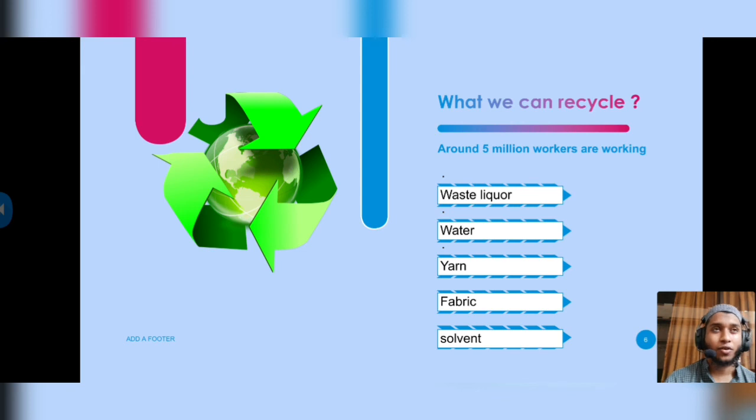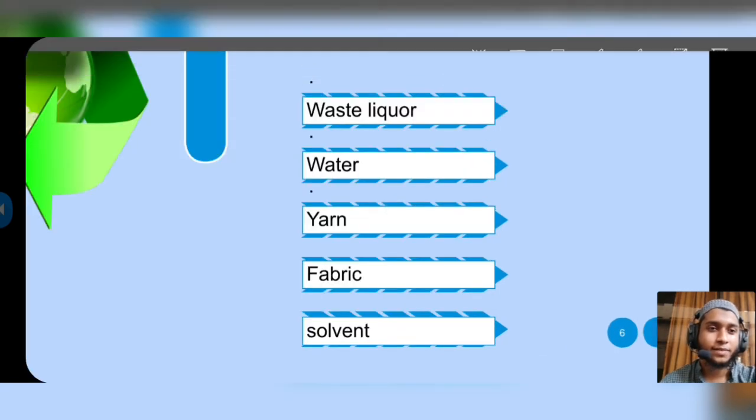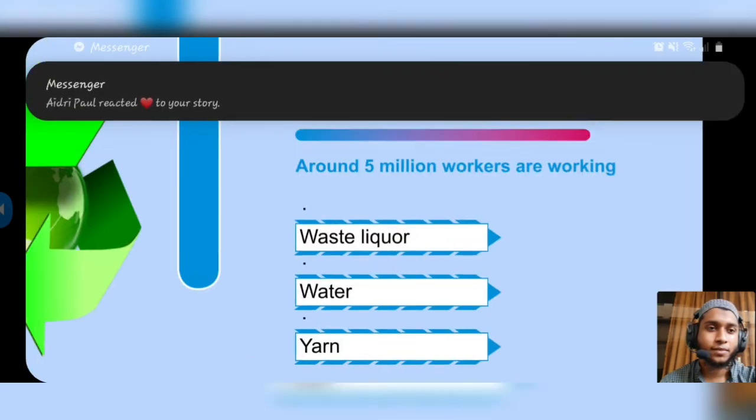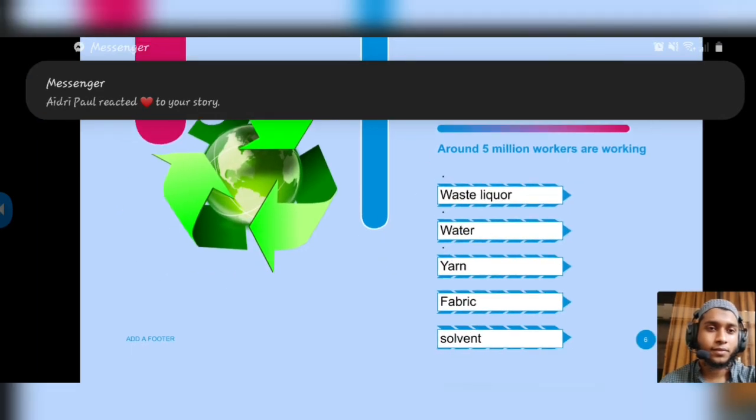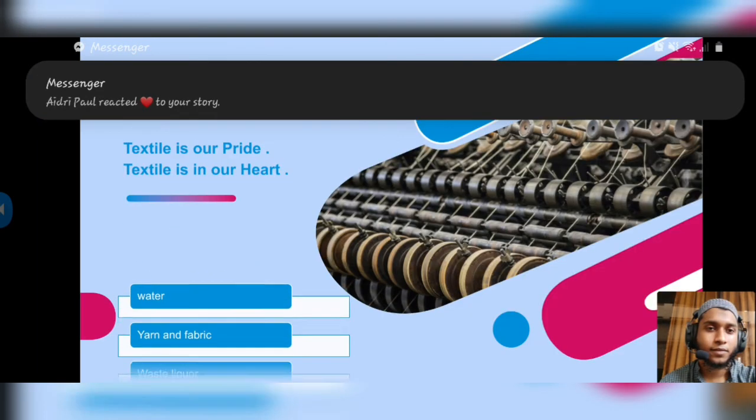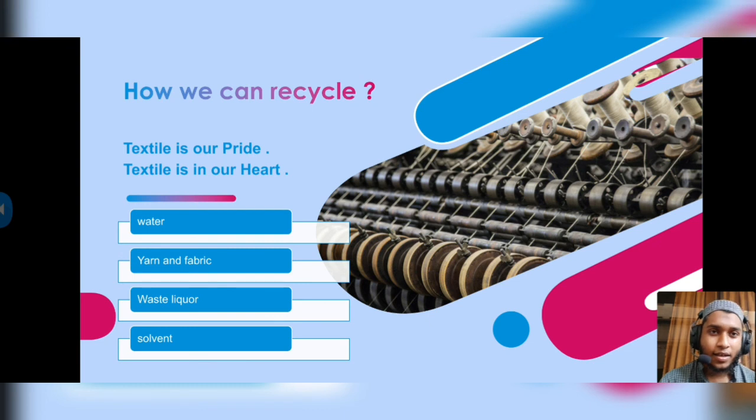The solvent, we all know that in spinning, wet spinning, then melt spinning, dry spinning, we find solvents here. So we can recycle it by a recycle bin or takerin. From this we can recycle it. Then how can we recycle?